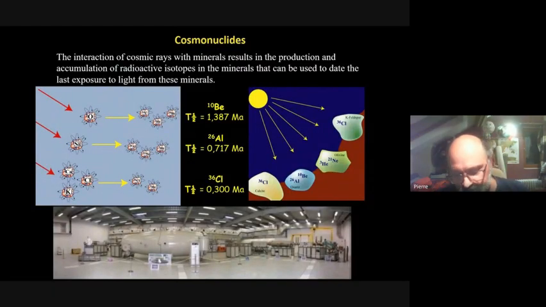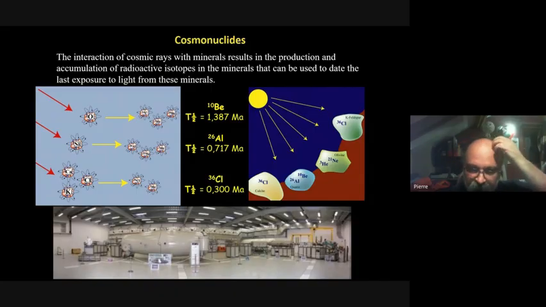Another method based on practically the same event is the cosmonuclide method, because C14 is one of these cosmonuclides, but there are other elements created by the interaction of cosmic rays and the Earth environment. C14 comes from nitrogen, but you see here there are other elements that could be transformed by the interaction with cosmic rays.